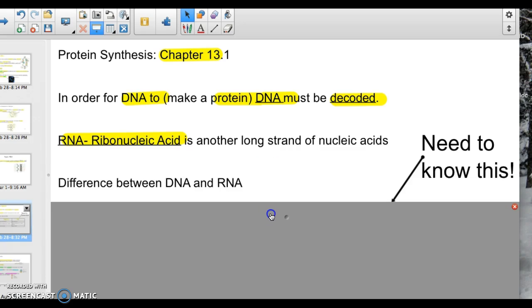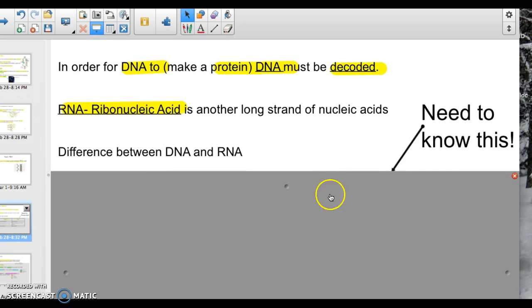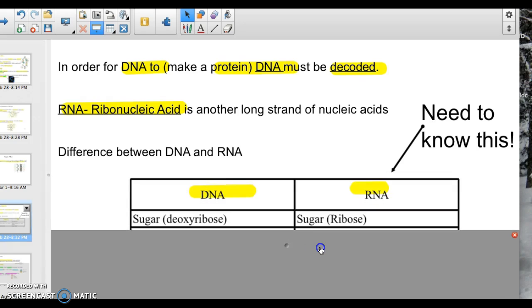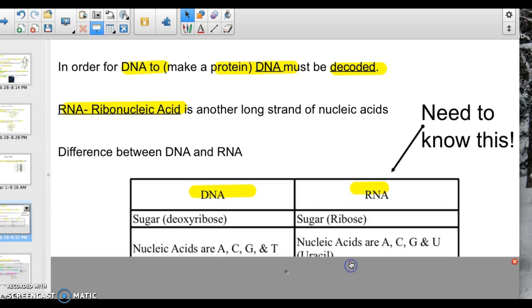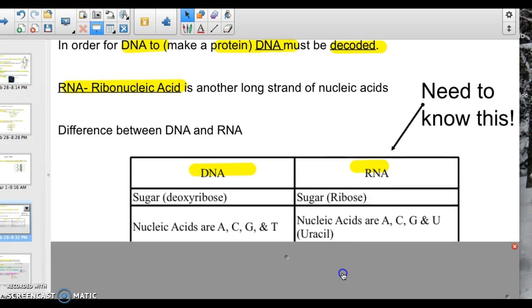And so there are differences between RNA and DNA, and I want you to write down this data table. So in DNA, the sugar is deoxyribose, but in RNA, the sugar is called ribose. So they are different sugar molecules. In DNA, the nitrogen bases are adenine, cytosine, guanine, and thymine, ACGT.